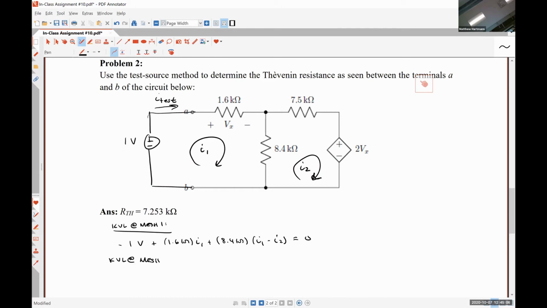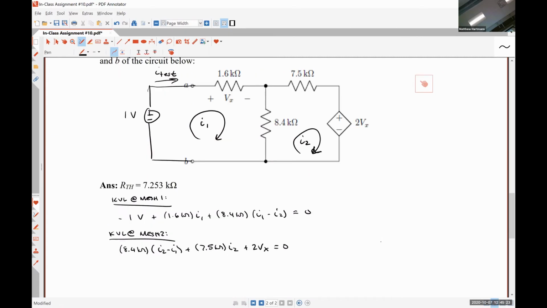KVL at mesh 2 gives us 8.4 kilo ohms times I2 minus I1 plus 7.5 kilo ohms times I2 plus twice Vx is equal to 0. And lastly, we're going to have to define our controlling variable Vx in terms of our mesh currents. So Vx is going to be what?